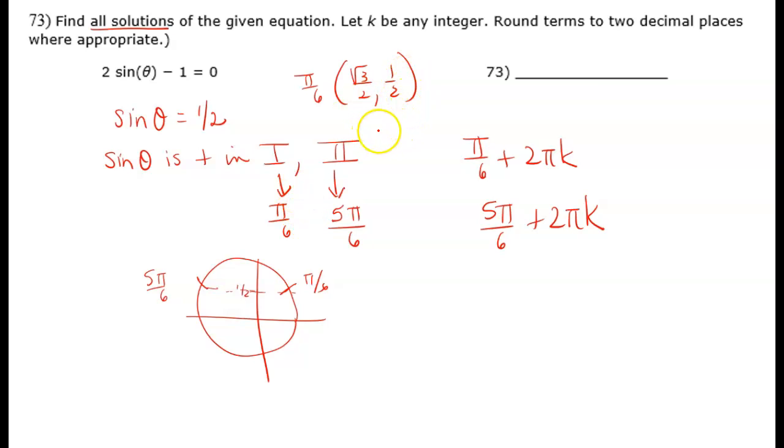So to give all solutions, obviously we go around this circle as many times as we want to, and every time we hit here or here, we pick up another solution. We can't write all those down, so we just put plus 2 pi k after each one, and that takes care of them.